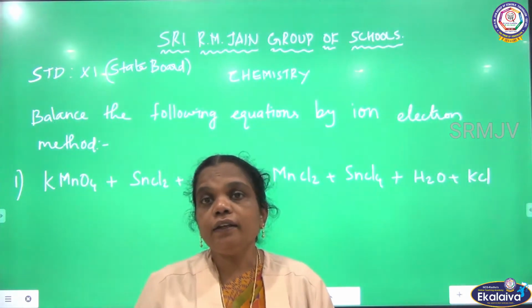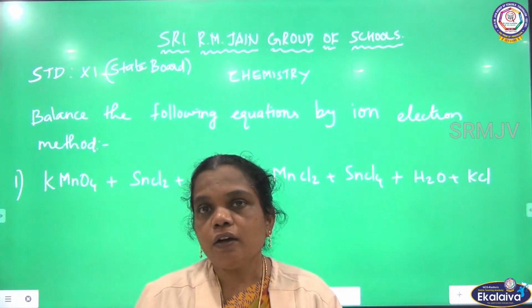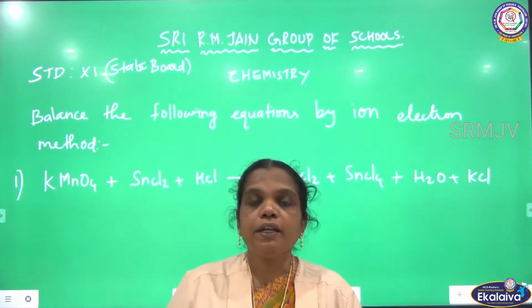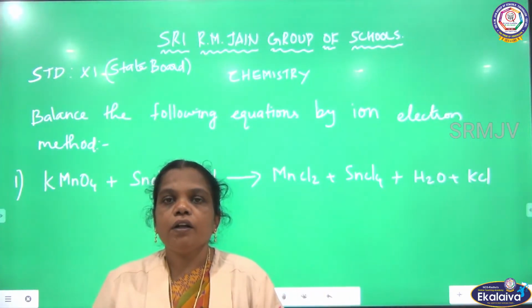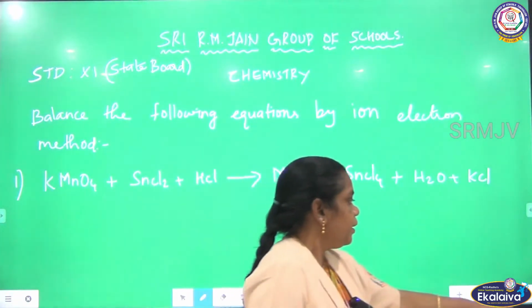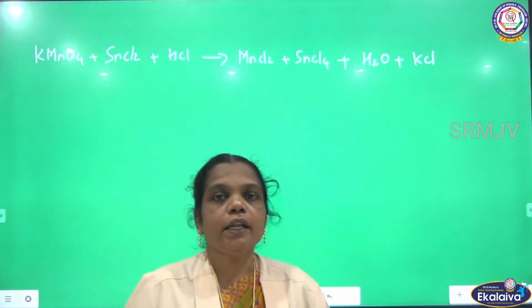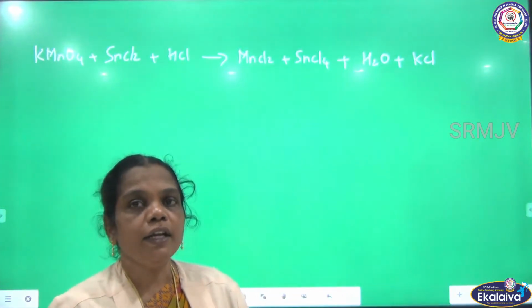An increase in oxidation number means oxidation, a decrease in oxidation number means reduction. In this way you can find the reduction as well as the oxidation reaction. Now the first step: assign the oxidation number for all the elements in the given equation.